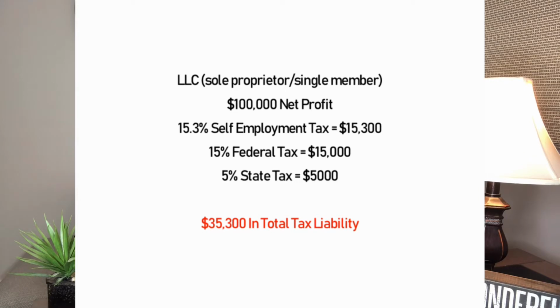So that's right, you're going to be paying $35,300 in taxes. So that should bring you a lot of pause as a business owner. And that's kind of the breaking point, that $70,000, $80,000 a year net profit, where we begin to advise clients to start an S-Corp, because the savings are pretty astronomical when you start to compare the two.